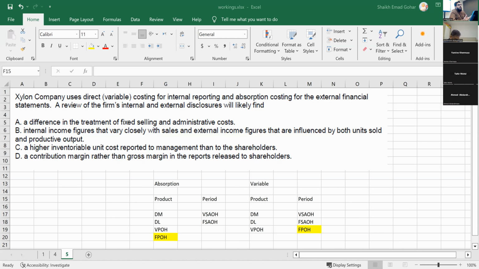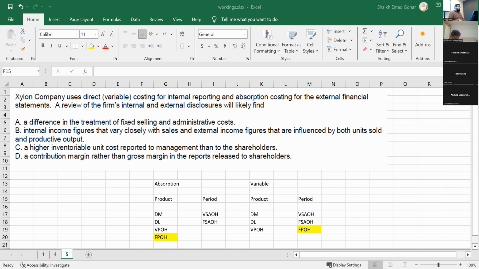So the internal income figure, which is the variable costing figure, moves very closely with sales, which we call contribution margin. What is contribution margin? How much additional profit one more sale will give you. So it's based on additional revenue from sales.